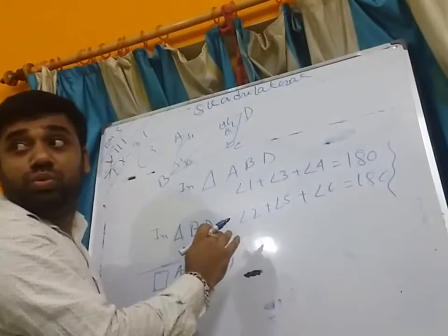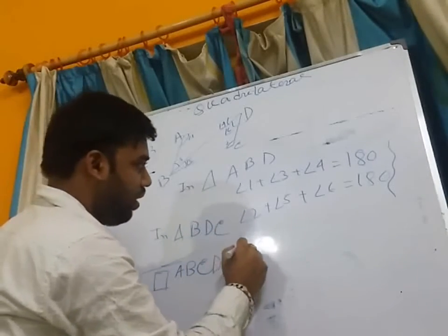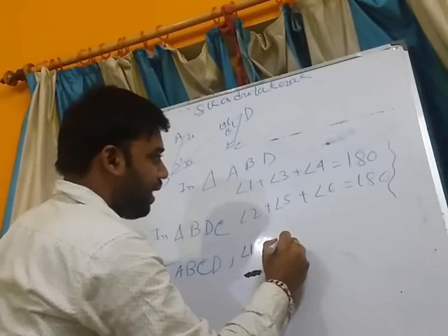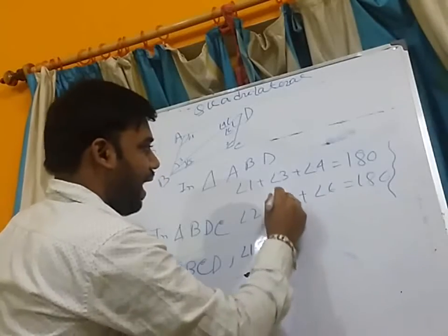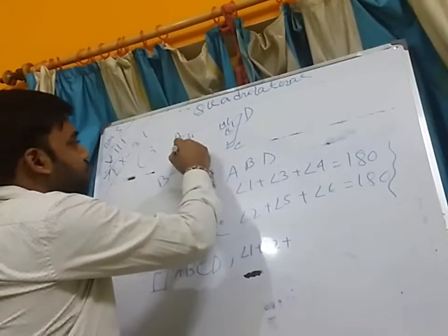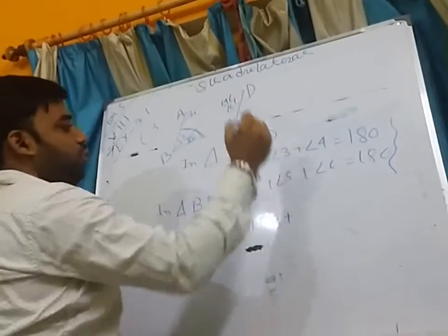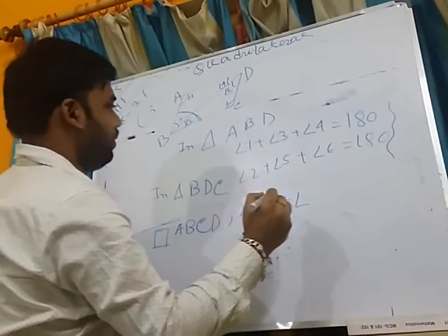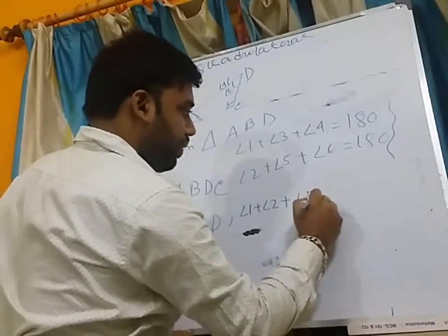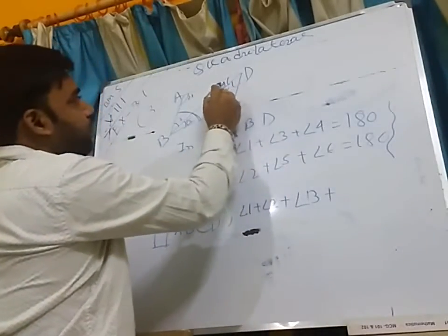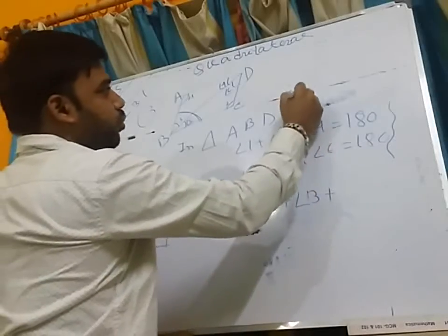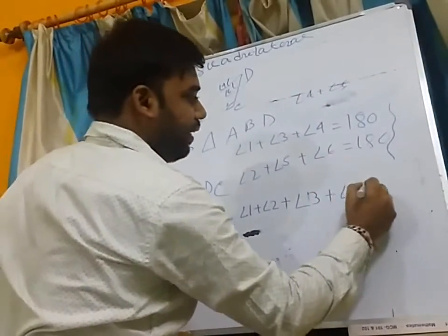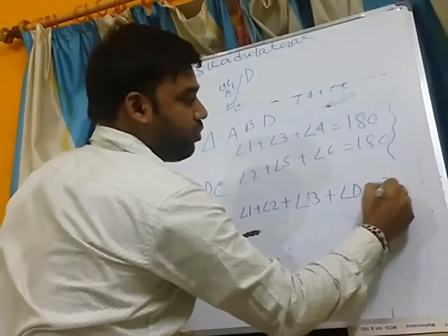Angle 1 plus angle 2 plus angle 3 and 5 together, which is angle B, and angle 4 and angle 6 together, which is angle D, equals 180 plus 180, that is 360.